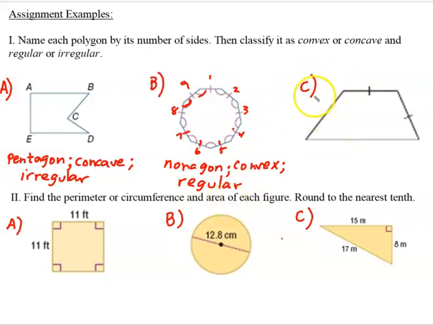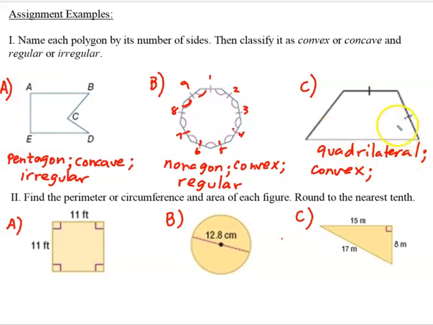All right, and then letter C, it's got 4 sides, so this is a quadrilateral. It is convex because we don't have any lines or points on the interior. And we touched on this earlier.